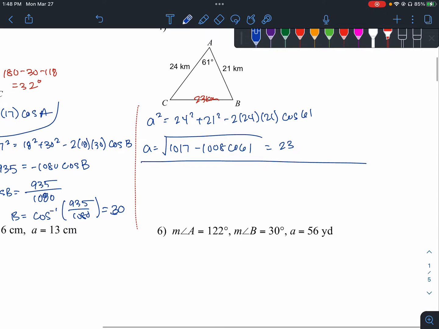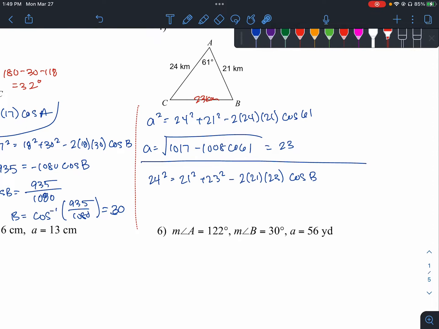We can use the law of cosines again. Let's say we solve for cosine of B. You can just do the same process as in the previous one. 24 squared is going to be equal to 21 squared plus 23 squared minus 2 times 21 times 23 times cosine of B. We're going to subtract these two over on this side.